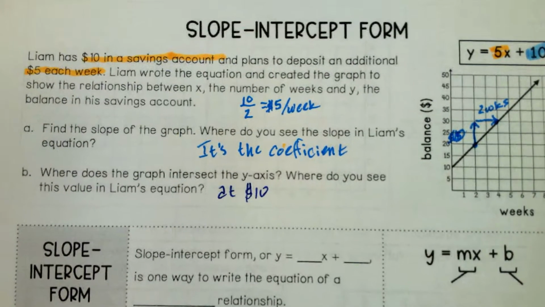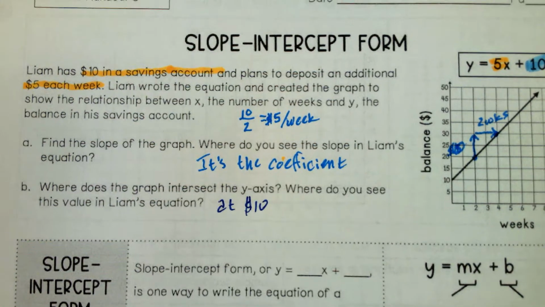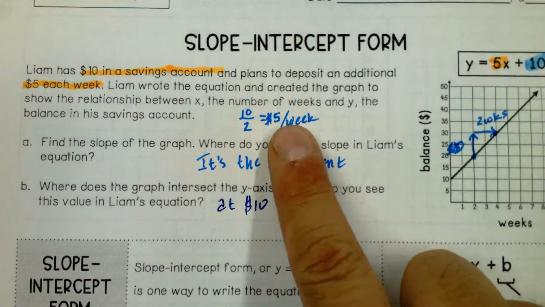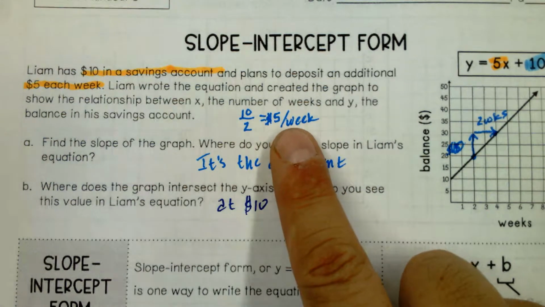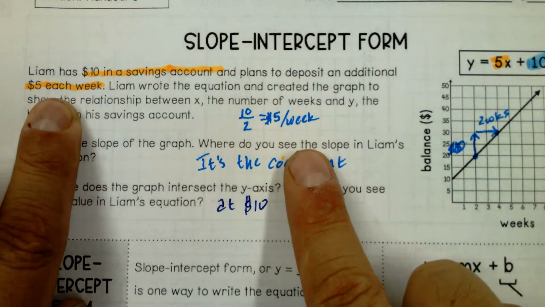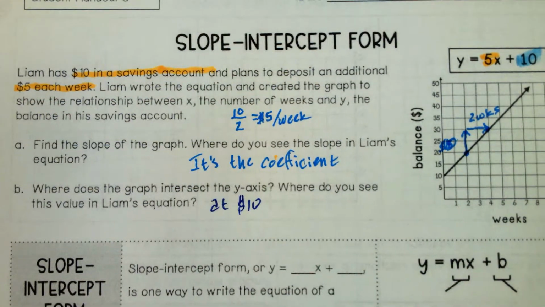Okay, let's link this all back to the original problem. Where did we see $5 in the original question? You see it here? But notice it says each week. It's a rate.